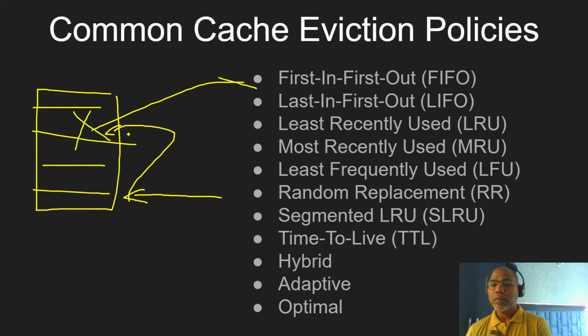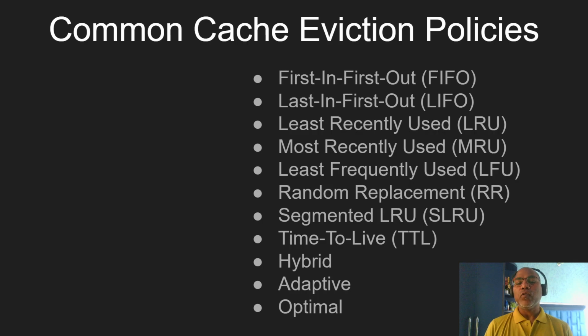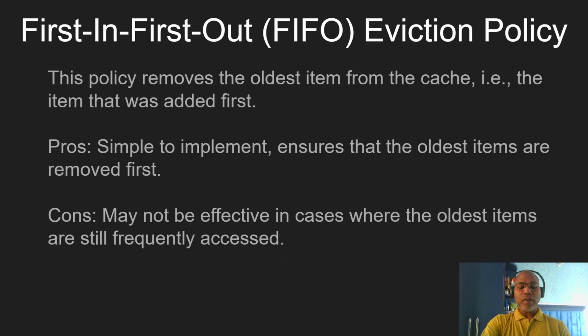So this policy helps us decide whether I am going to remove the first one or the last one, least recently used, most recently used, least frequently used. There are lots of techniques which decide which we are going to use.